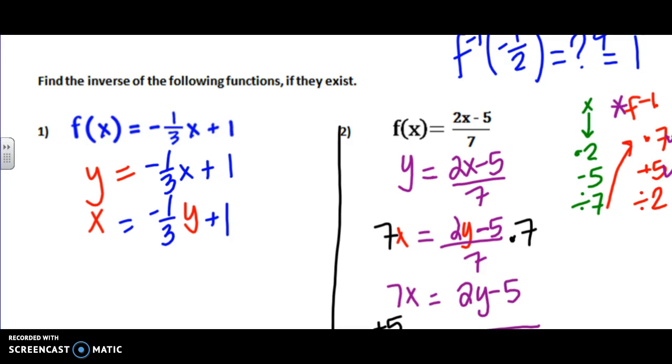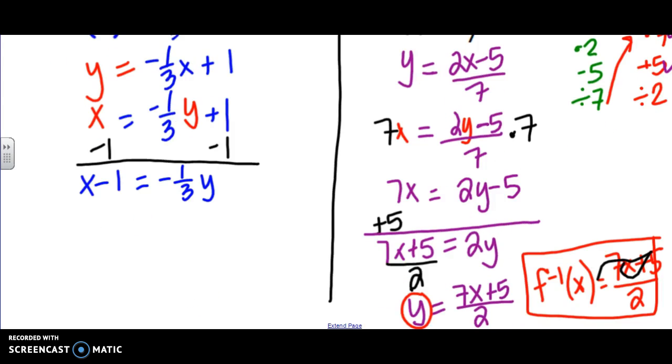Okay? So looking at my equation, first thing I'm going to get rid of is plus 1. So then I have my equation right now stands at x minus 1 equals negative 1/3 of y. And so to finish that off, to undo negative 1/3 as a multiplier, we can multiply by -3.